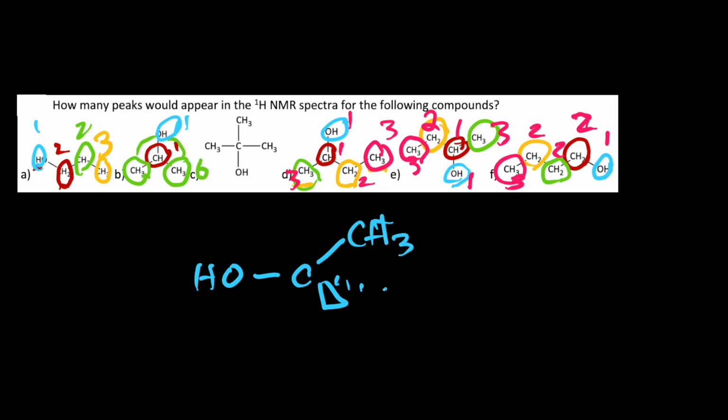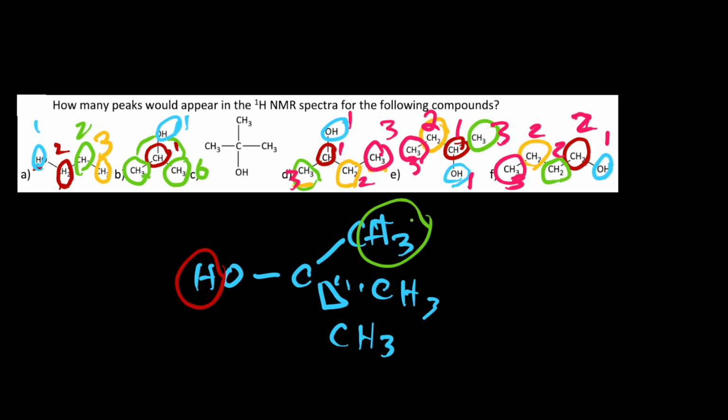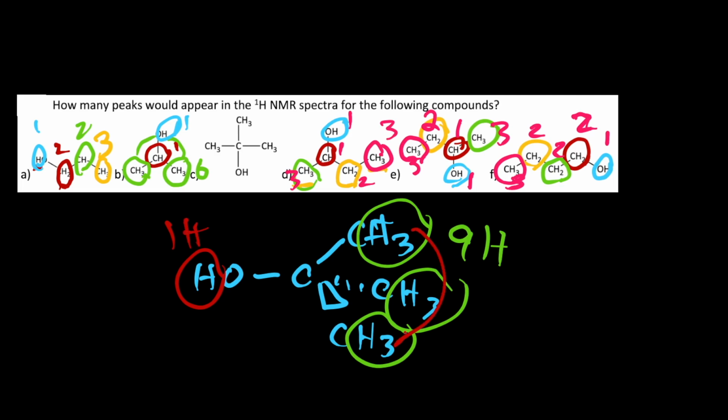CH3, CH3. So this one right here is 1, of course, that's different. It's on the oxygen. But these 3, and these 3 hydrogens are all chemically equivalent. So they'd be 9 hydrogen tall for one peak and 1 hydrogen tall for the other peak. So we'd have a really big peak for those 9. But we'd see 2 peaks overall for C.